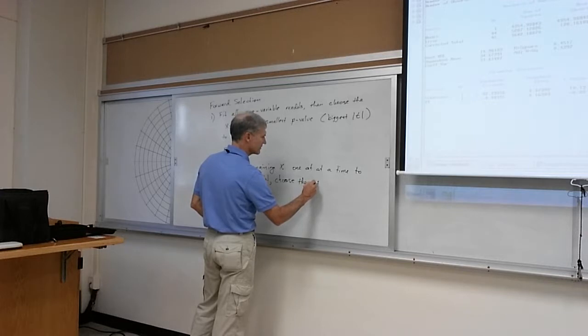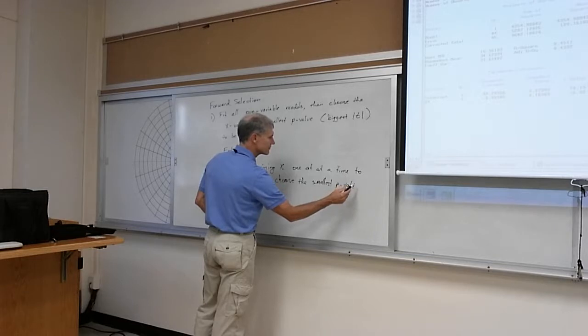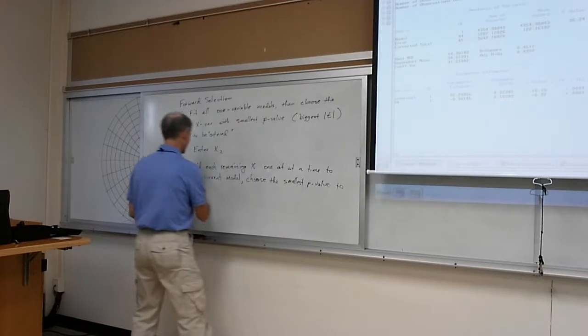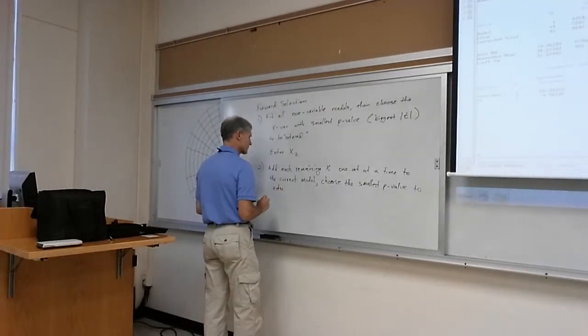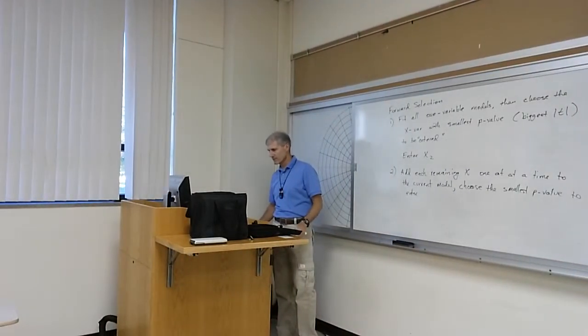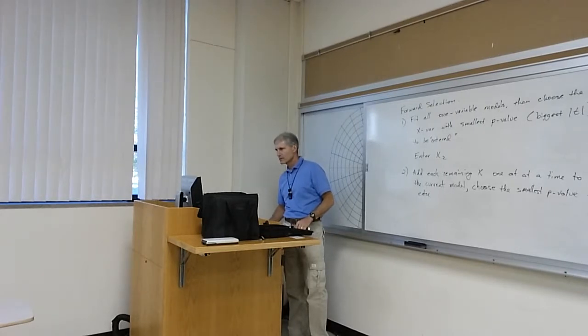Choose the smallest p-value again, same kind of thing. Okay, so that's this code. We decided x2 went in the model, so all 3 of these models have x2. But then I add x1, then x3, then x4 to the model that has x2.